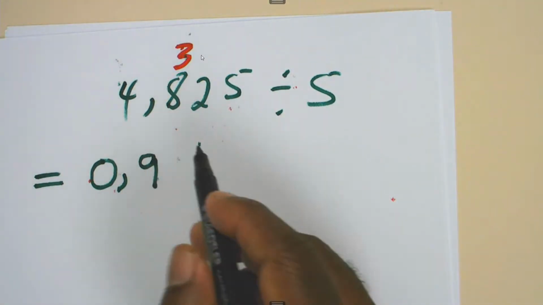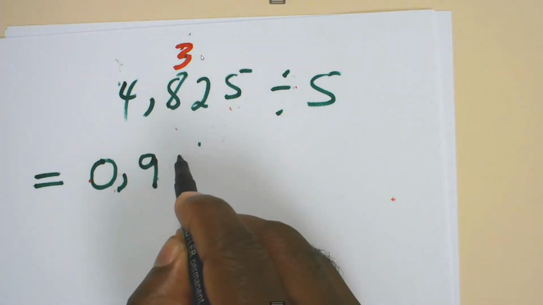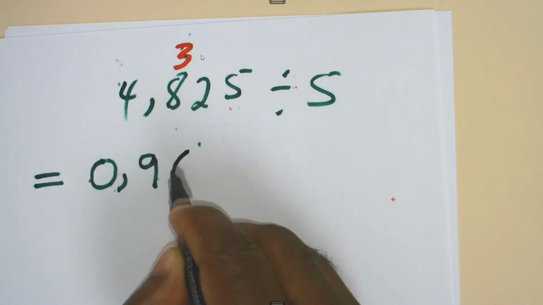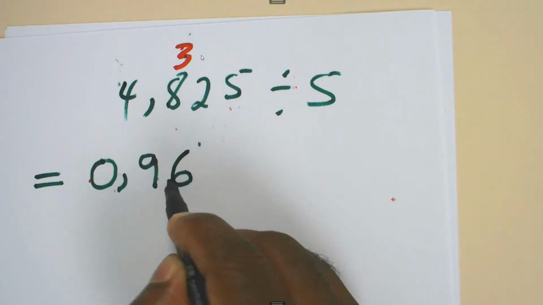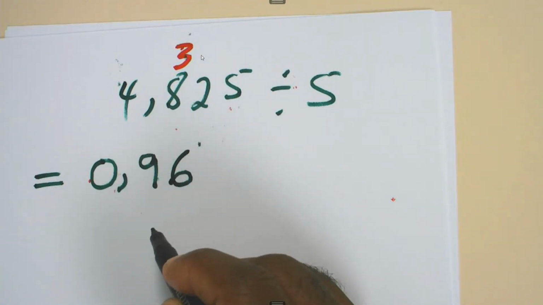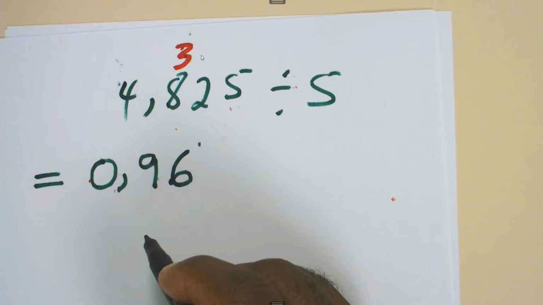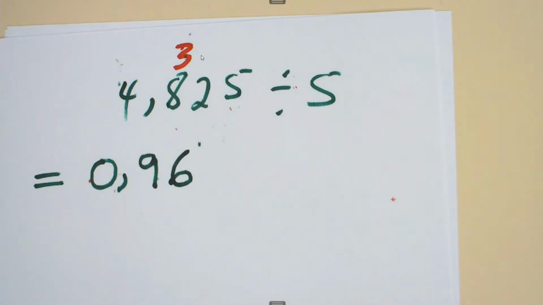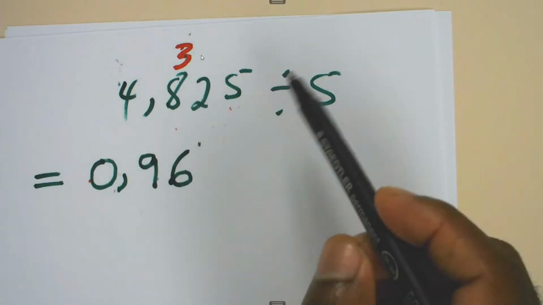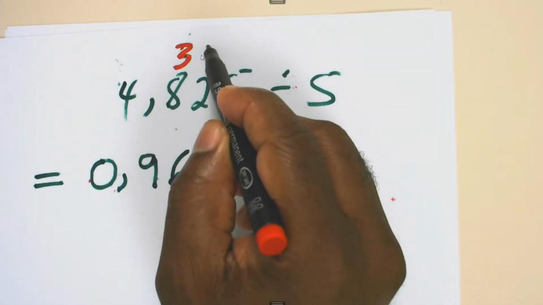And then 5 into 32, it will go 6 times, which makes 30. Ne? 6 times 5 is 30. So we will remain with what? 32 minus 30, we will remain with 2.